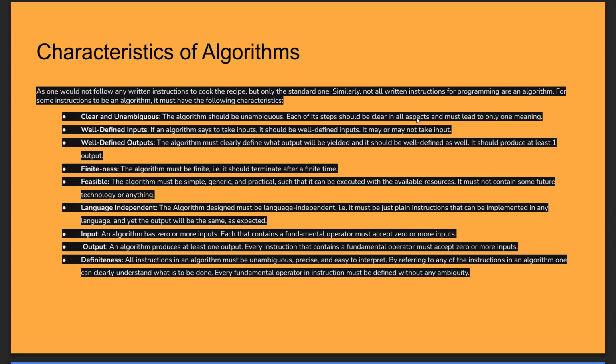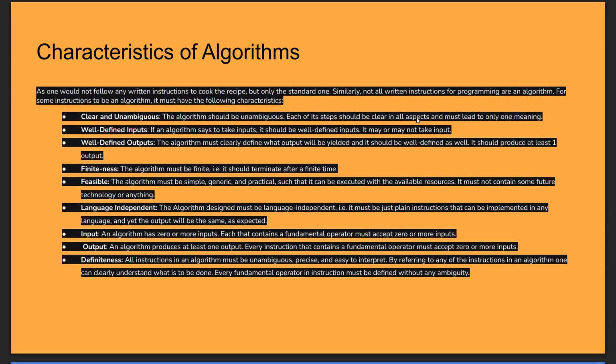By checking the instructions in the algorithm, we can clearly understand what we should do with the help of those instructions. That is what it is saying, and also what is to be done. Every fundamental operator in an instruction must be defined without any ambiguity.